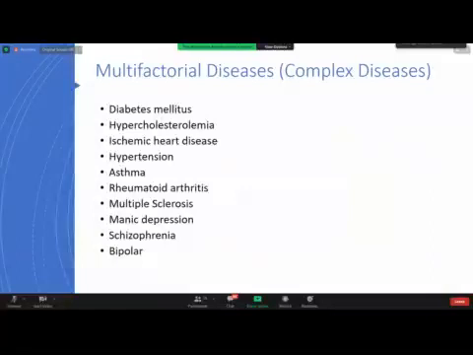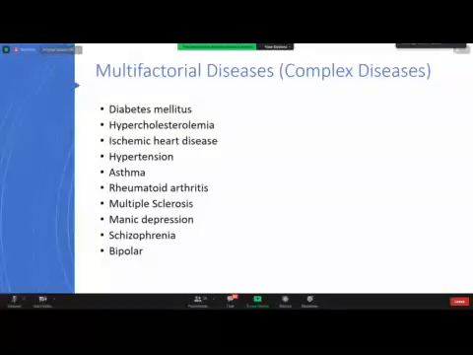Complex disorders do not follow the classical Mendelian pattern of inheritance, because it depends on how many variants you have, and how much is the influence of environment.